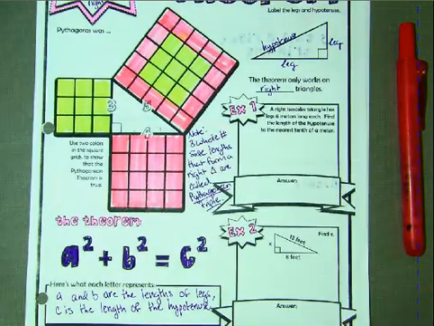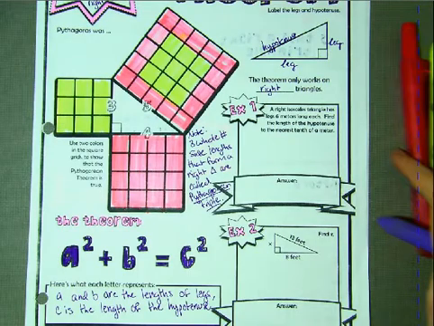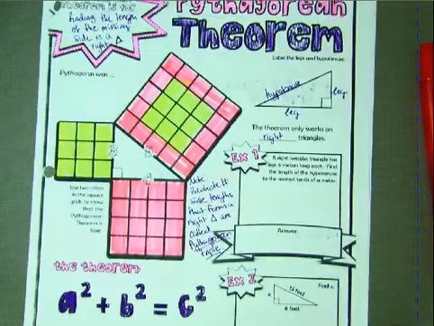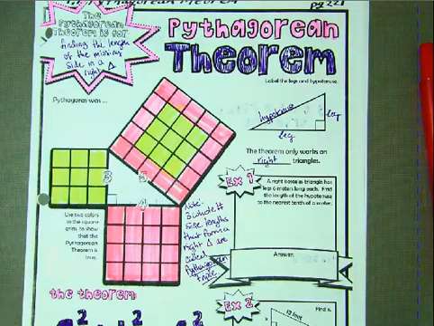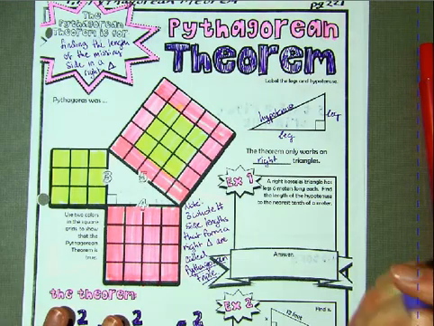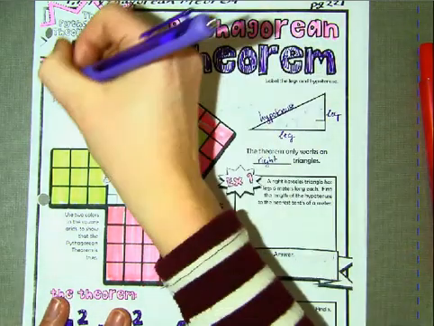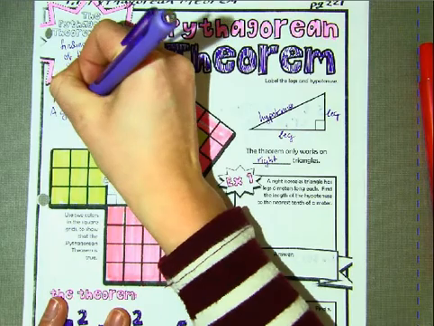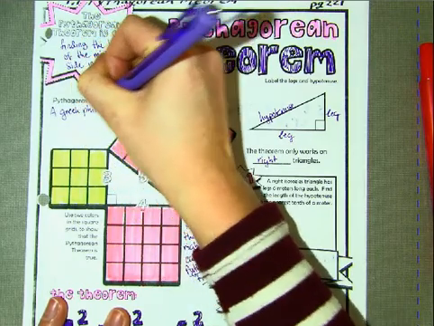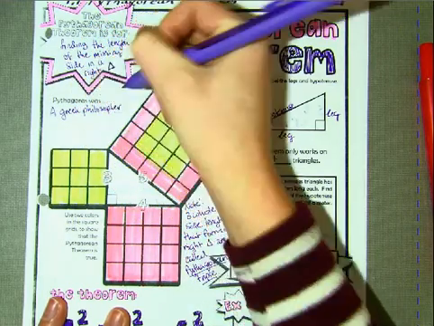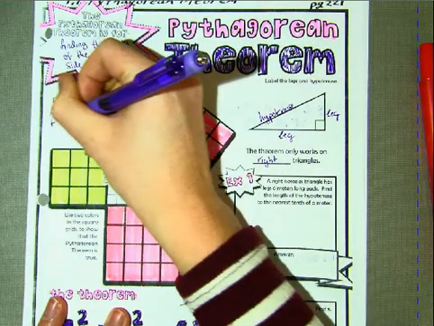So I keep saying this word Pythagorean, and you might not remember what that means. Well, it stands for the person who is credited with the Pythagorean theorem. His name was Pythagoras, and he was a Greek philosopher. And he was a mathematician.